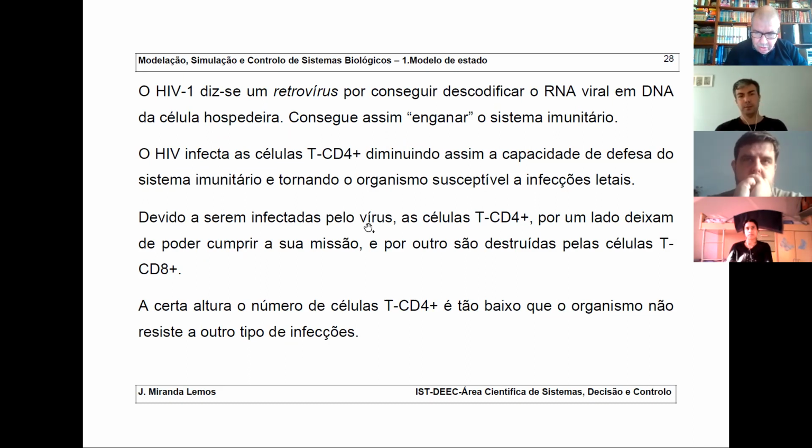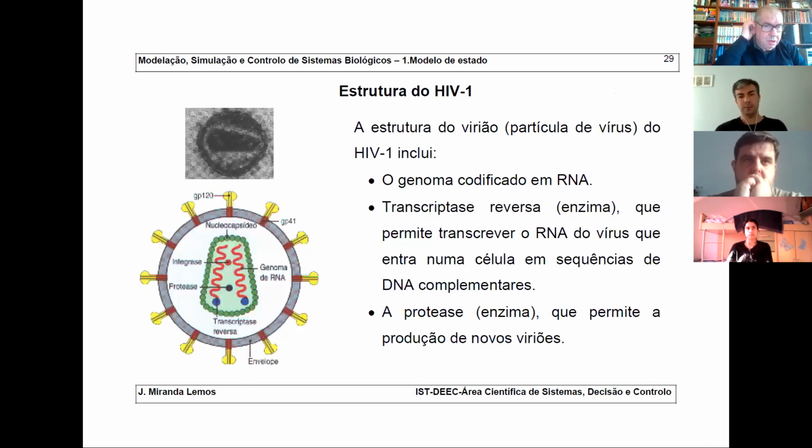Let me show you the structure of HIV-1. You can see here an electron microscope picture, and this is a schematic view of a virus particle. So what do you have?